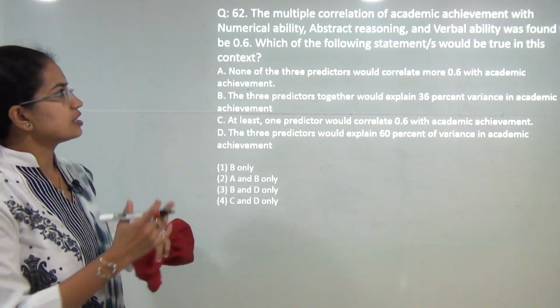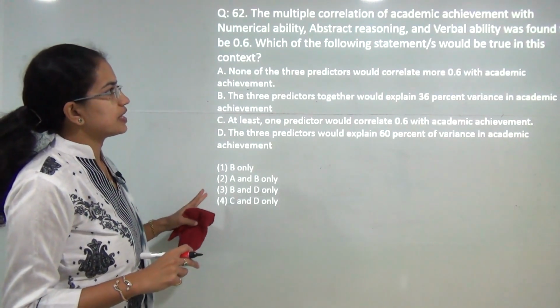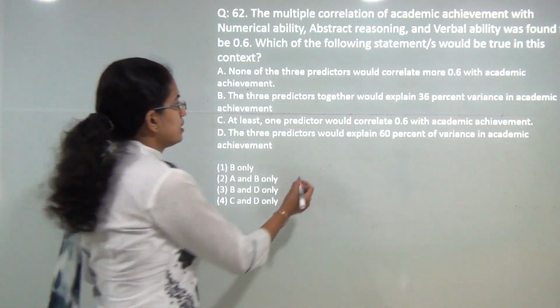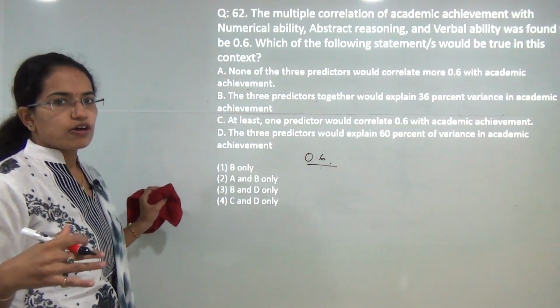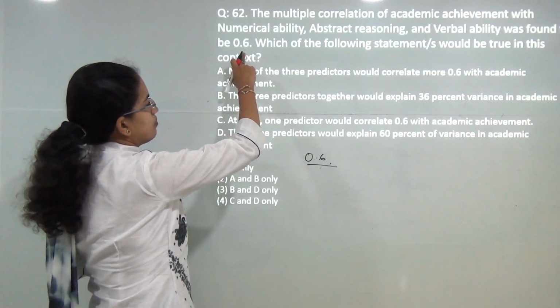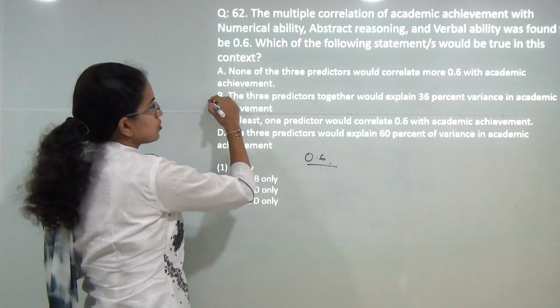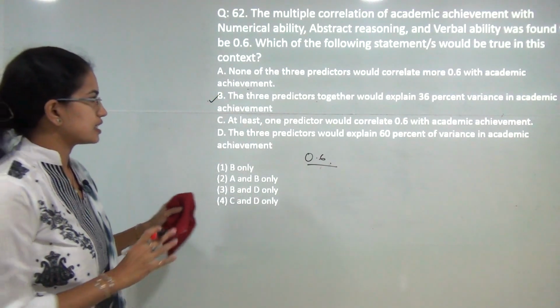Now this question talks about the multiple correlation of academic achievement with 3 variables, and that was found to be 0.6. So the variance is the square of the correlation determined. So you have 0.6 squared, that would be 36. So all the 3 predictors together would explain 36% of the variance. That's correct.